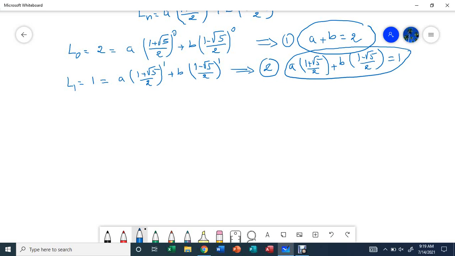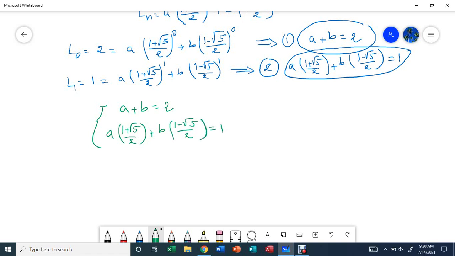So let's solve this system of two equations. The first one, a plus b equals 2, and a times (1 plus square root of 5) over 2 plus b times (1 minus square root of 5) over 2 equals 1.